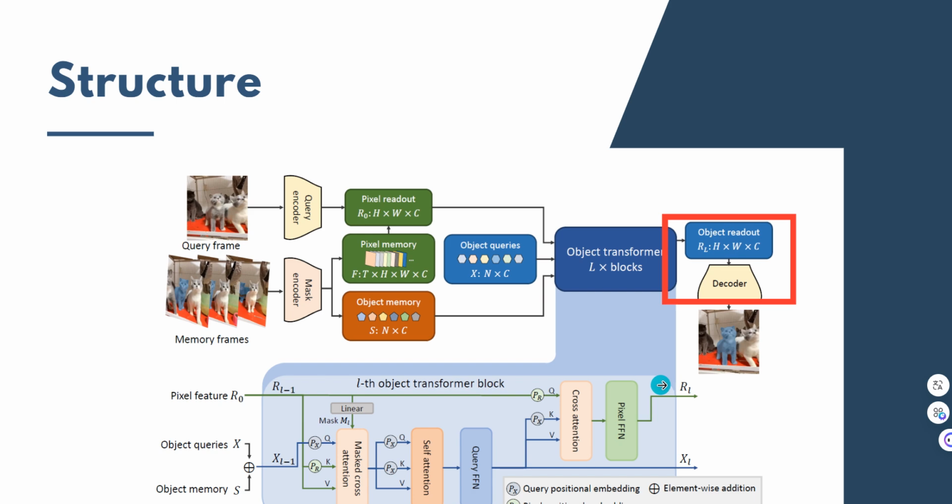So we have several stages, and finally we obtain the readout and use the decoder to get the final result, like this, the mask of the cat in foreground and background. The decoder is also modified by the memory.